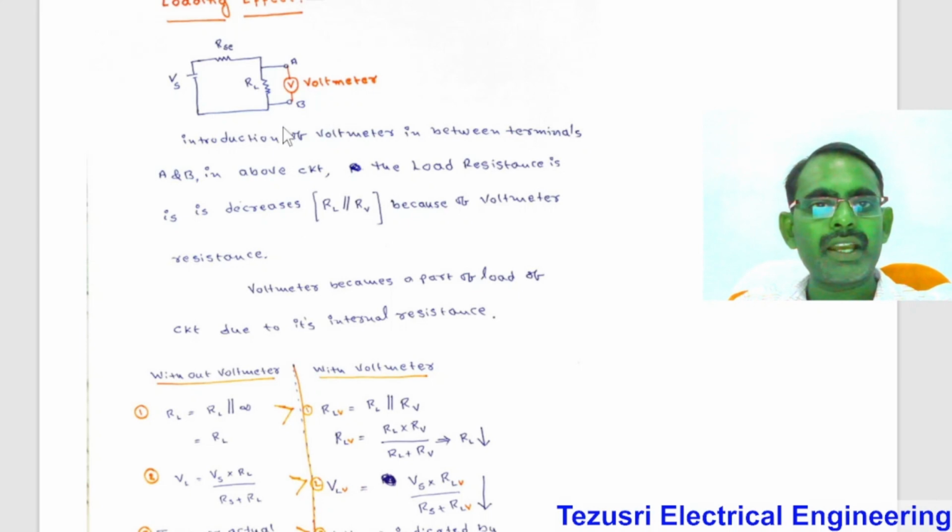The true voltage across the RL is equal to the source voltage times RL divided by RL plus Rs. Because of the introduction of the voltmeter, the voltage across the load resistance also decreases, because the resistance here decreases.